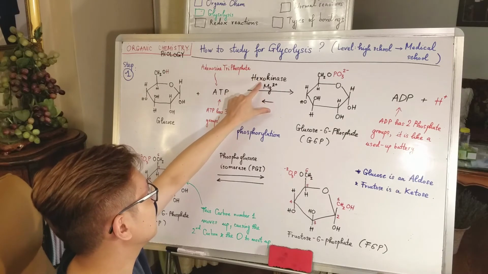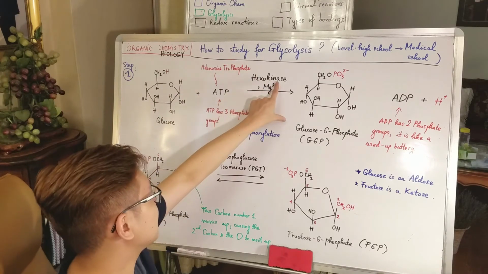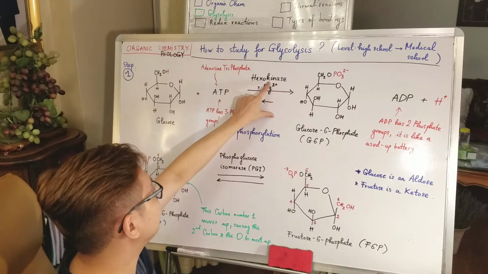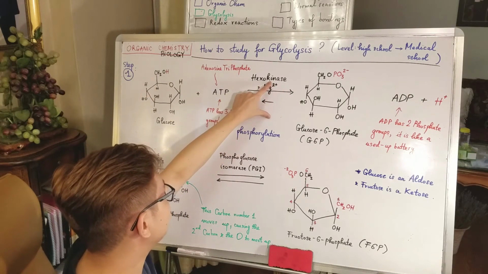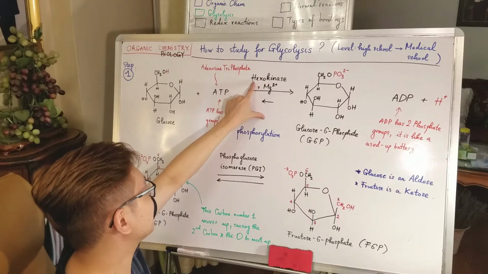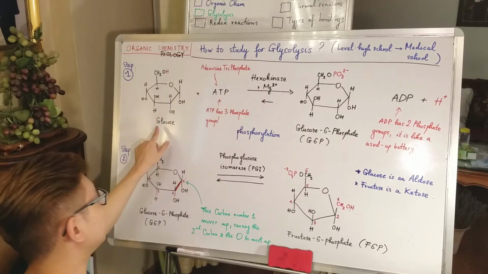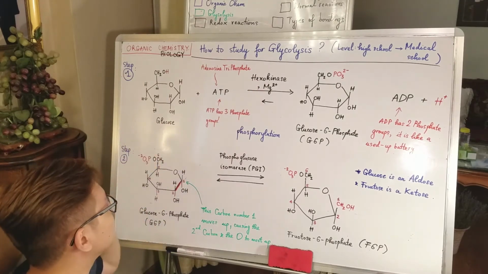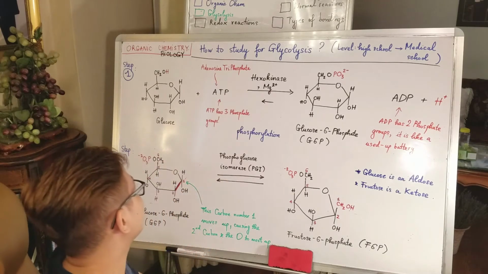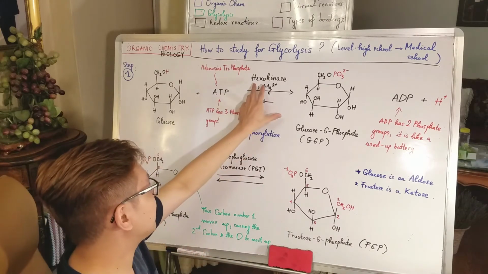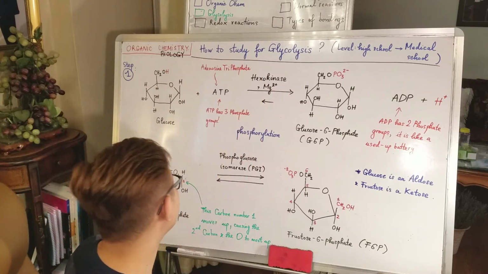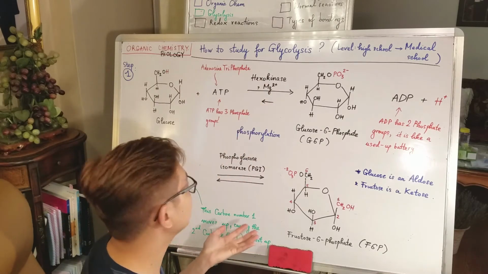Hexo, there you go. In other words, this enzyme will help the phosphorylation, or adding a phosphate group, into the molecule that contains 6 carbon. In this case, it's glucose. So that's how the name can be derived, hexokinase. That's how the name can be understood, hexokinase.